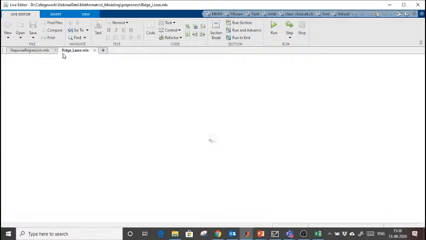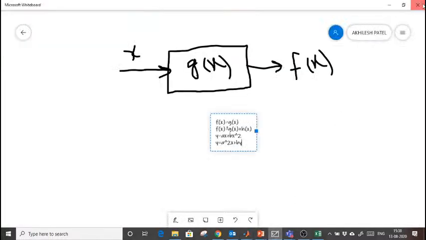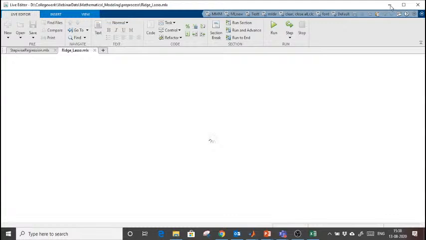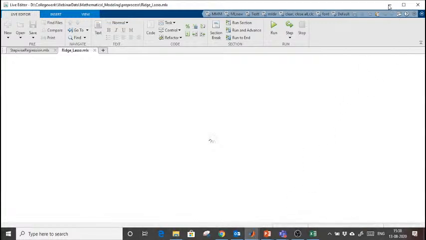It's still opening. Just wait a minute. Let me close this, I don't require it. I think MATLAB has been open since morning, so it is hanged here.